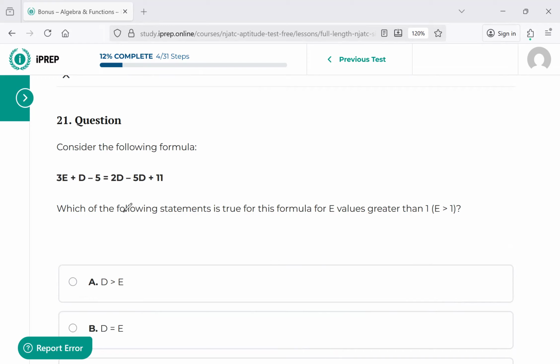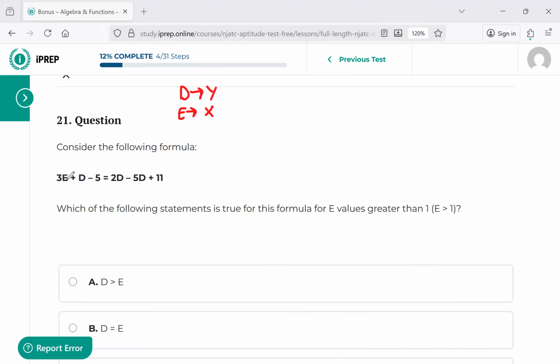This is a linear line, and I would solve for d. Our d's are y, and our e is our x.